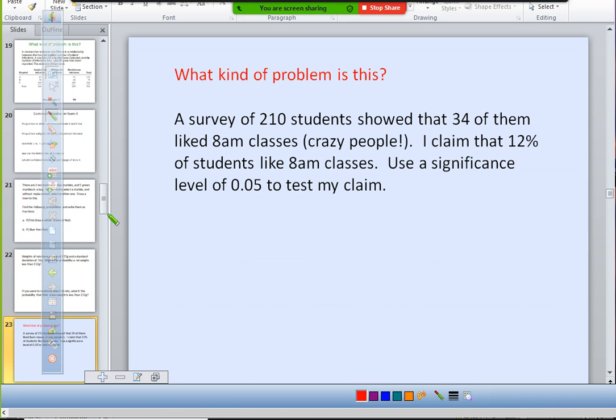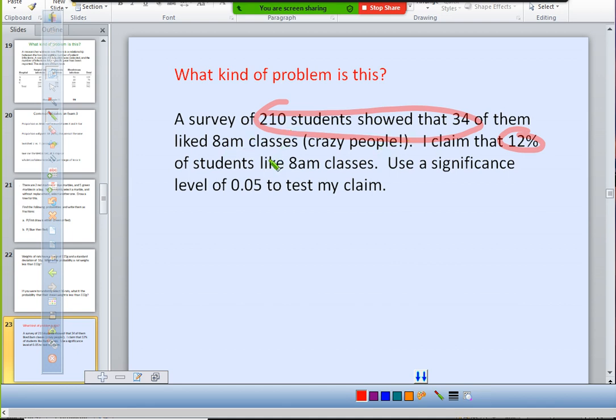Okay, well, we've got percentages here, and we got 34 out of 710, so it's some sort of proportion thing. So is it a chi-squared? Because chi-squareds are proportions. But I only have one percentage. I don't have different groups, like 34 at 8 a.m. and 36 at noon. I only have one thing, and it's yes or no.